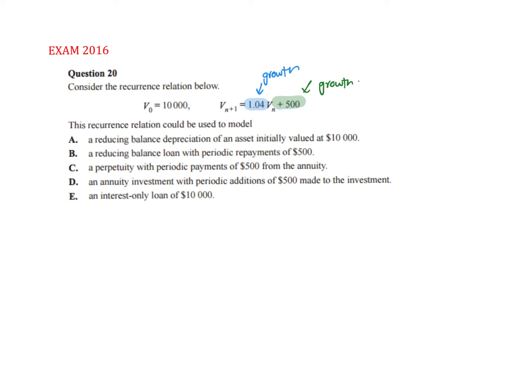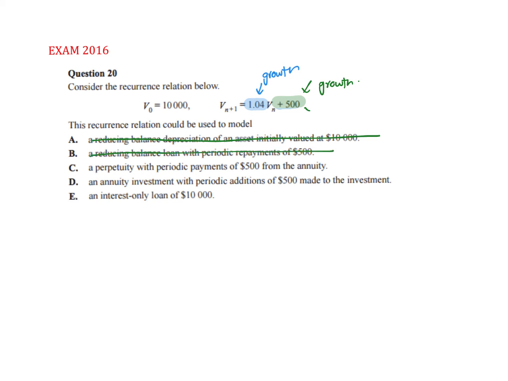So a reducing balance depreciation. Well, is it reducing? No, so get rid of that answer. A reducing balance loan. Now remember, a loan would grow because you've got to pay the bank, but you're reducing it by making payments. Is this a reducing payment? No, so that one's out.